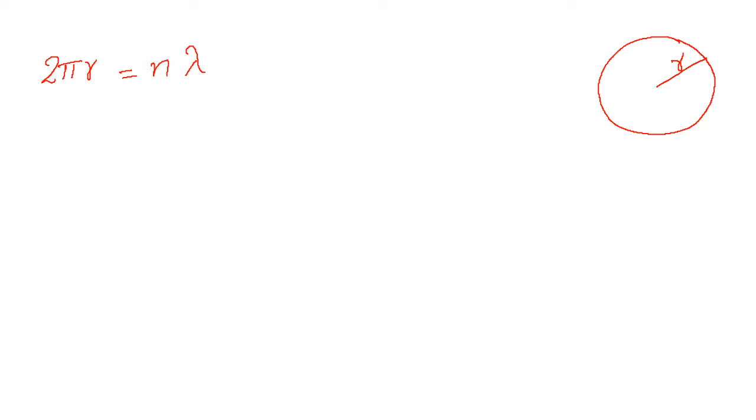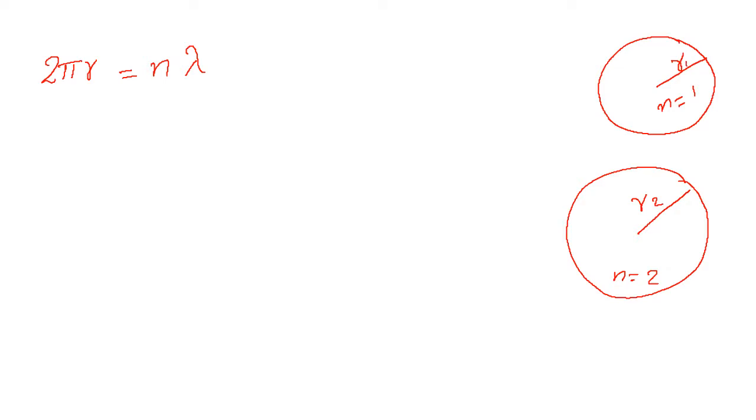For n equal to 1, you will have a particular radius, and for n equal to 2, you will have another radius. For example, if this is for n equal to 1, then you will have R2, which is a little bit more for n equal to 2. So you can have different possible radii, R1, R2, etc.